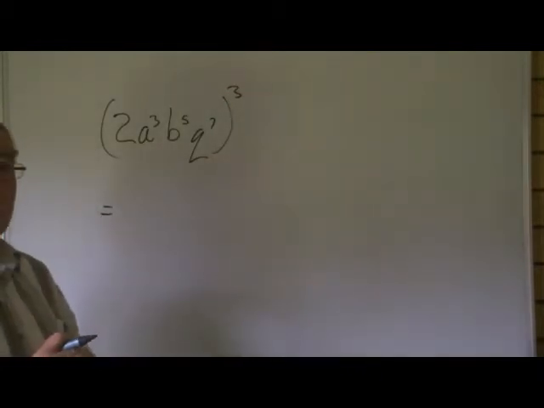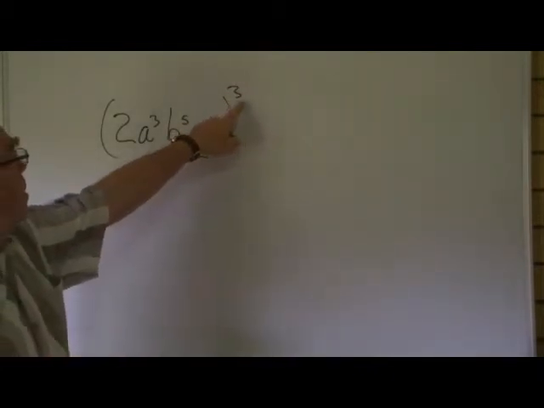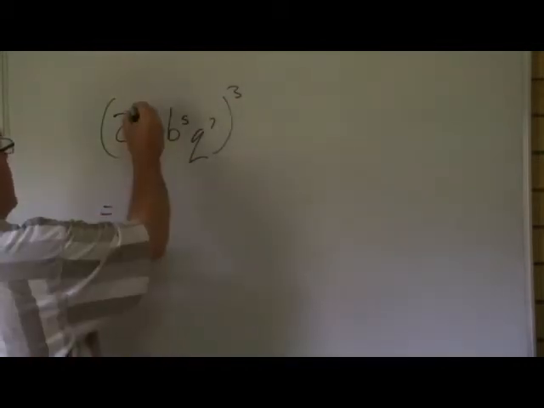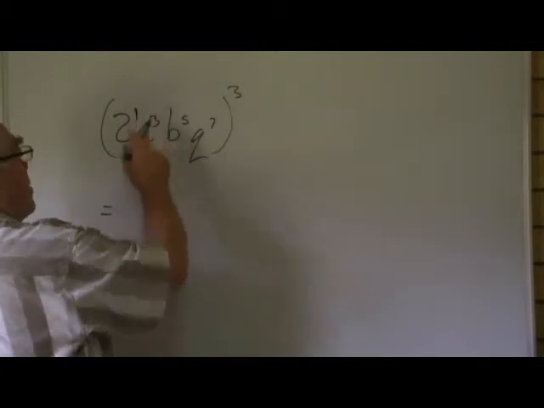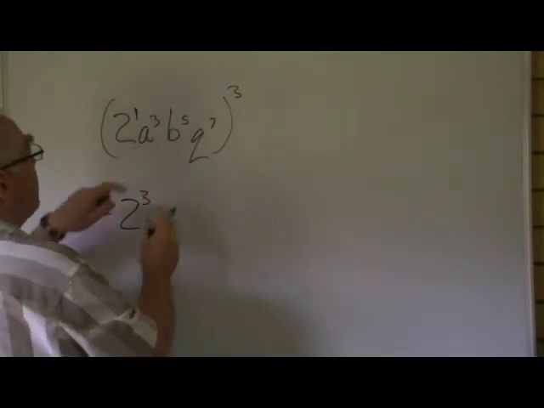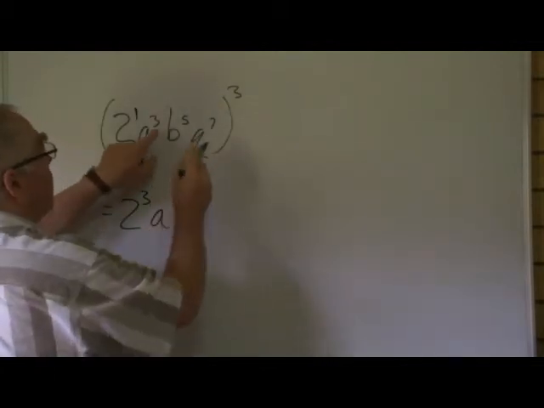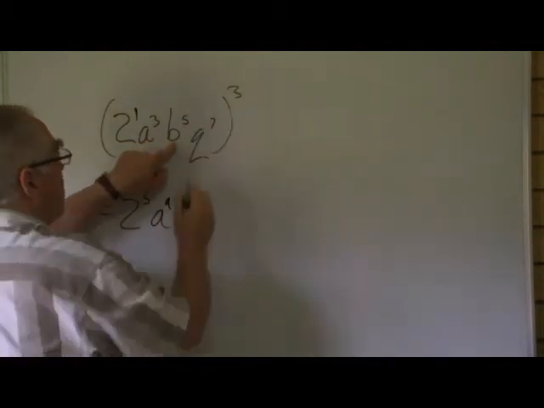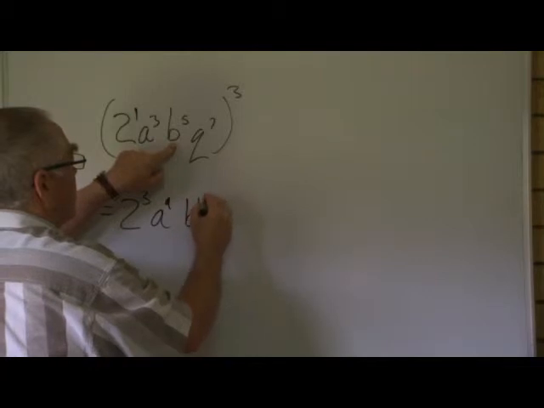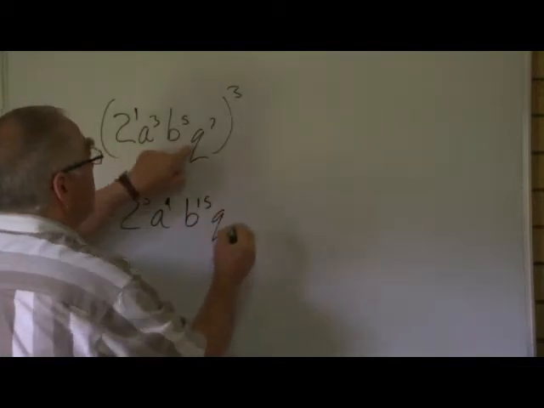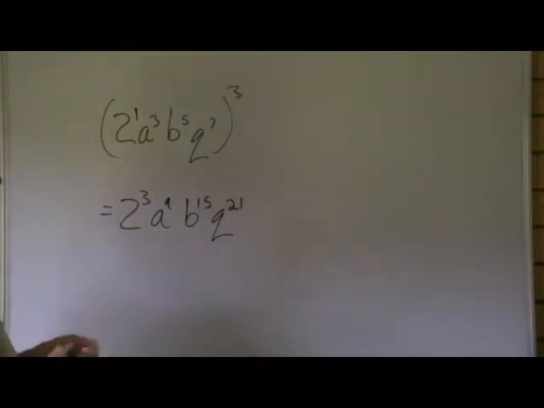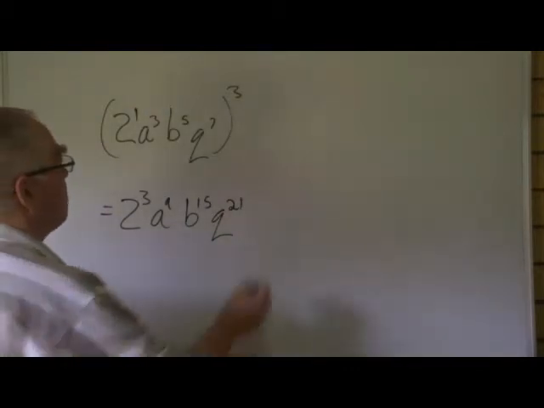We can take this inside, so we've got, remembering that this is really 2 to the power of 1, 2 to the power of 3 times 1, which is 2 to the power of 3. a to the power of 3 times 3, which is 9. b to the power of 3 times 5, which is 15. And q to the power of 3 times 7, which is 21. Okay, so that's one of our examples.